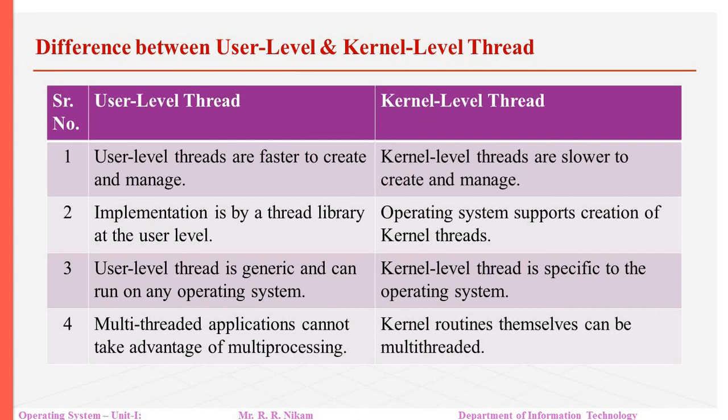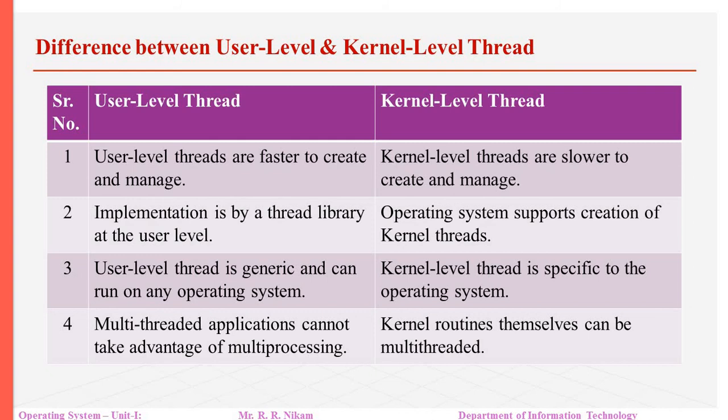Next point, user level threads are generic and can run on any operating system. Already we have discussed this. In the kernel part, kernel level threads are specific to an operating system, so they are dedicated to a specific operating system.